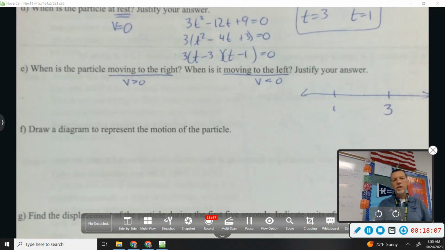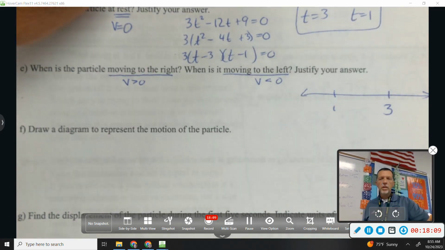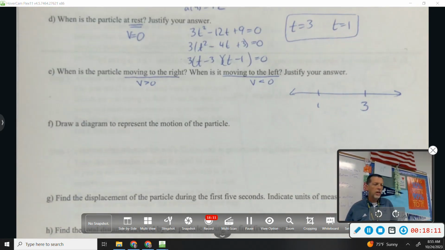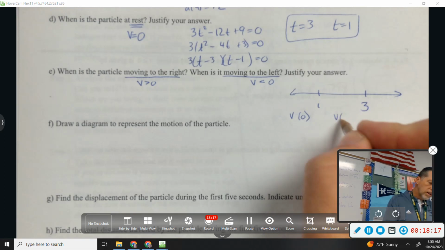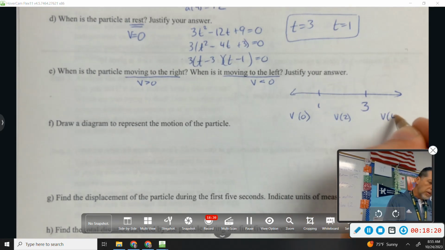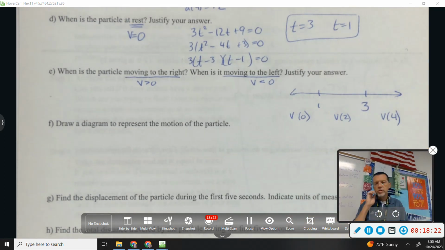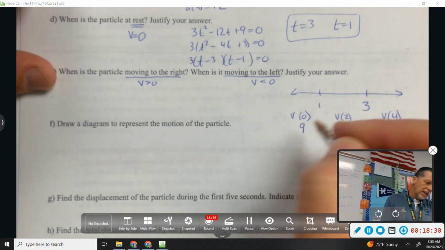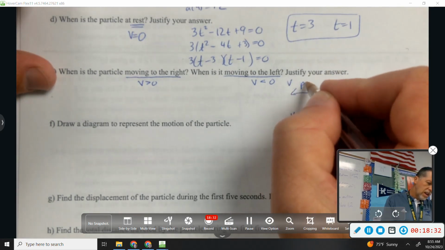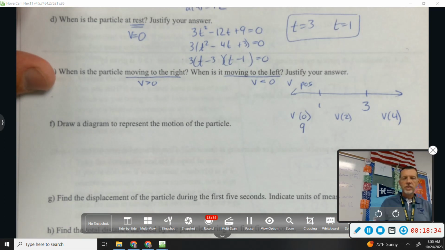So let's do that number line thing that we've done before, where we'll test some intervals to figure out where velocity is positive and negative. So I'm going to plug in 0 and 2 and 4 into velocity because I want to know which way we're moving. So V of 0 is 9. So that's positive.